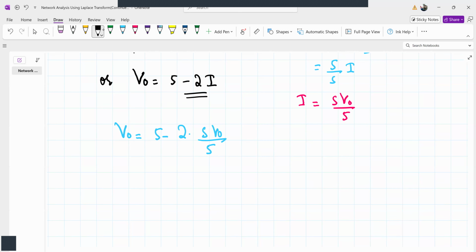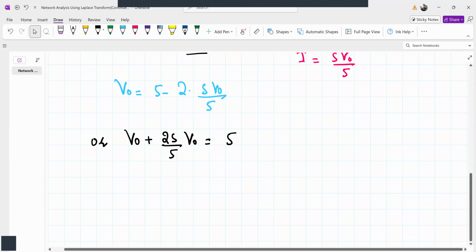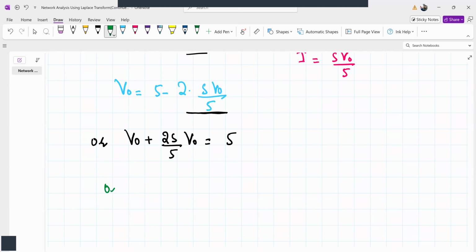So let me take this V0 term to the left hand side. We can write V0 plus 2s divided by 5 multiplied by V0 is equal to 5. Let's simplify this. Take V0 common. So V0 into (1 plus 2s divided by 5) is equal to 5.